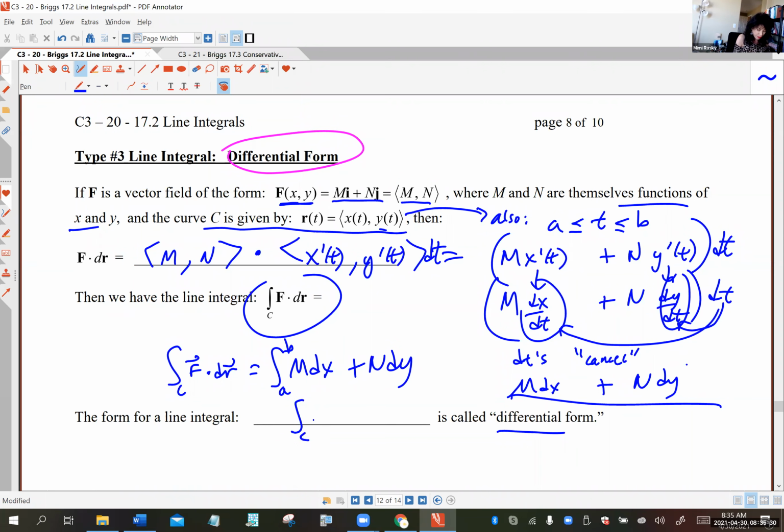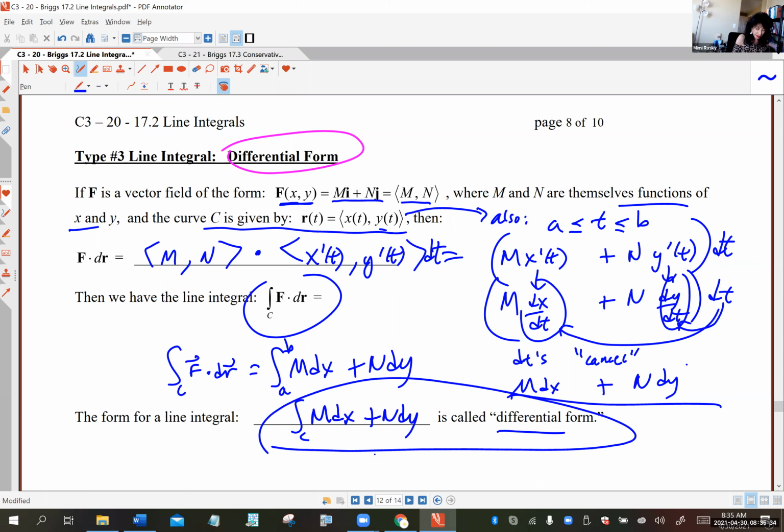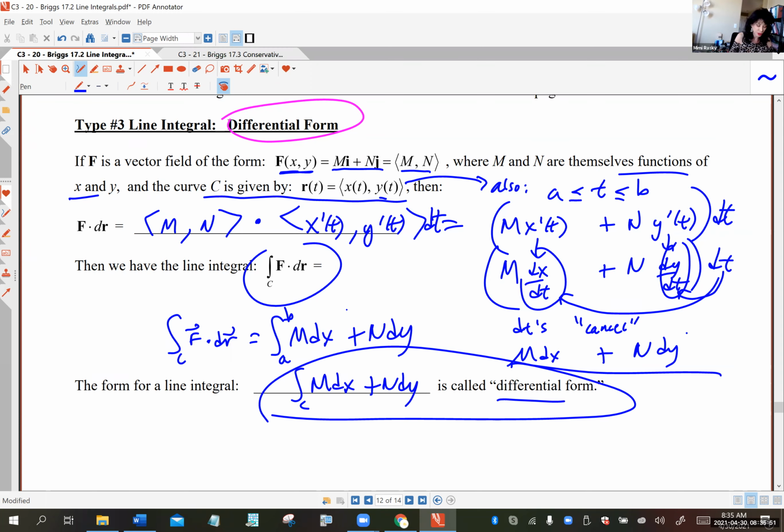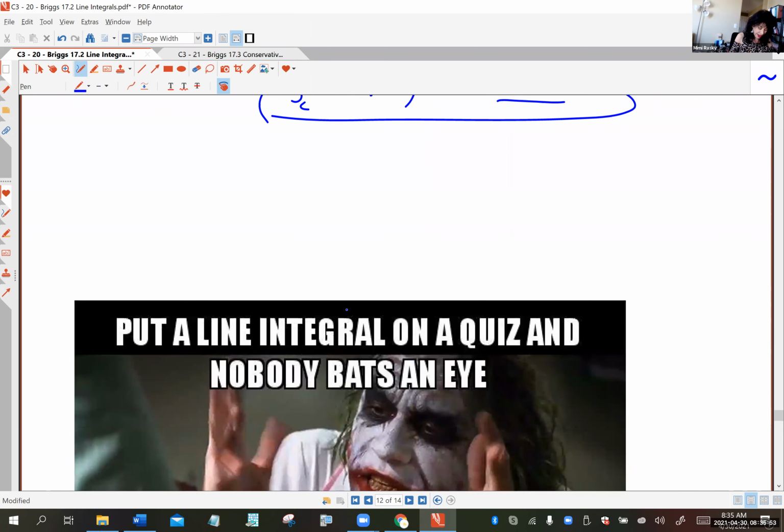So this form for a line integral is called differential form right here. Okay, so we're going to finish out 17.2 line integrals with a whole bunch of examples with differential form. And in the process, we're going to be doing parameterization, because I don't believe I've done enough examples of that, and you are going to need to do that.